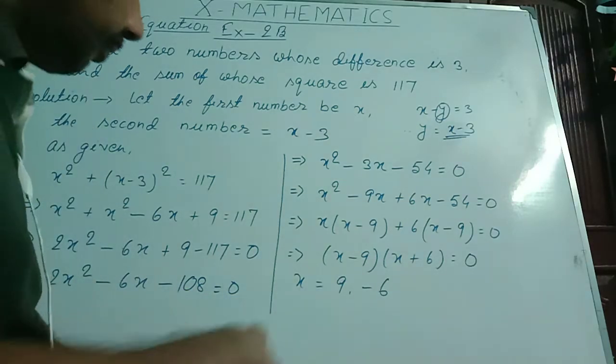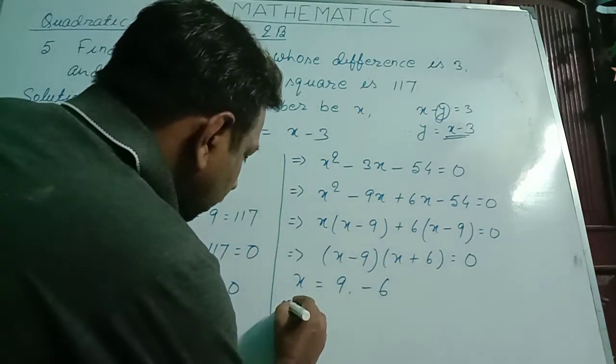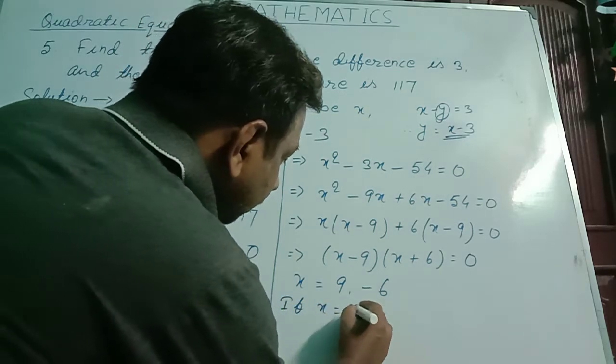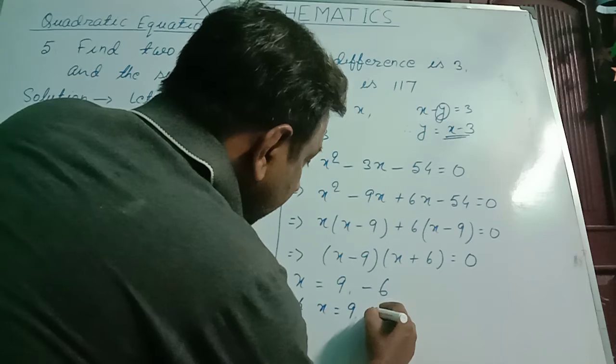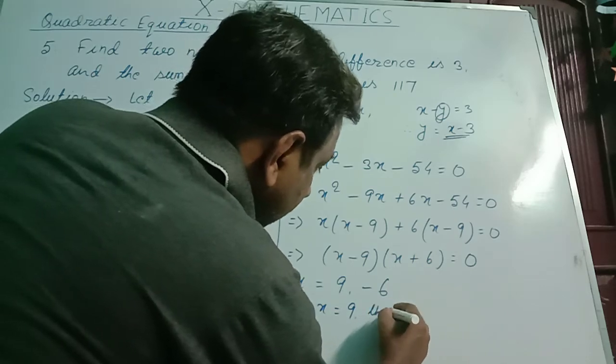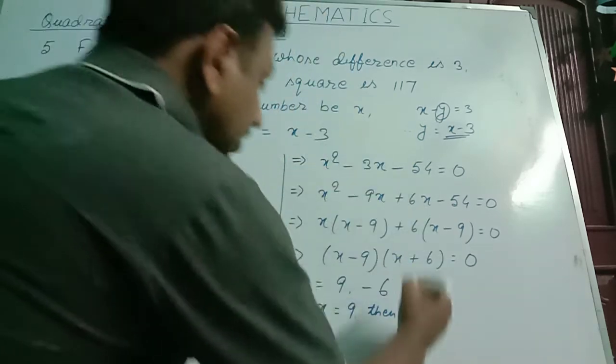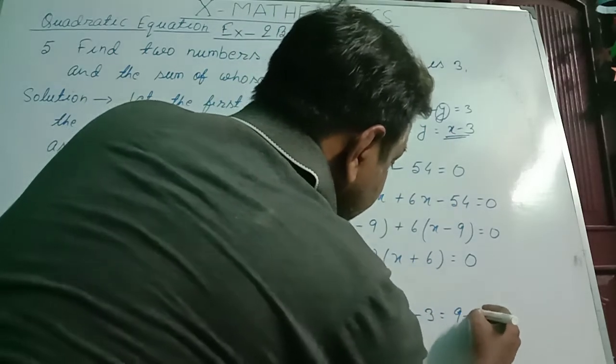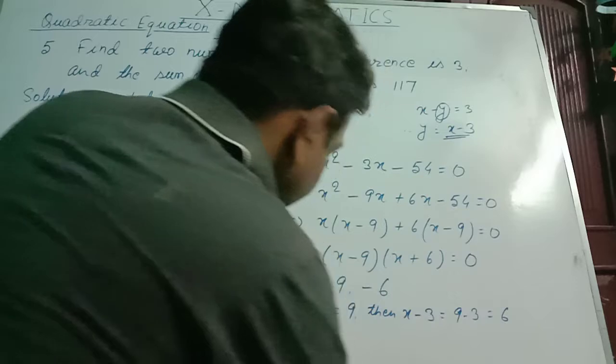Now those two numbers, if x equal to 9, then the second number is x minus 3. x minus 3 equal to 9 minus 3 equal to 6.